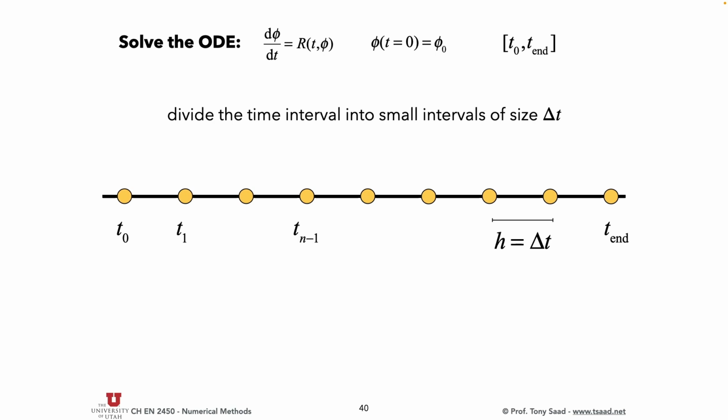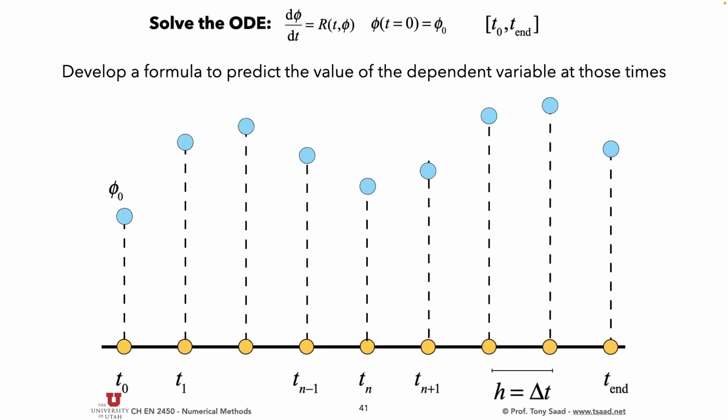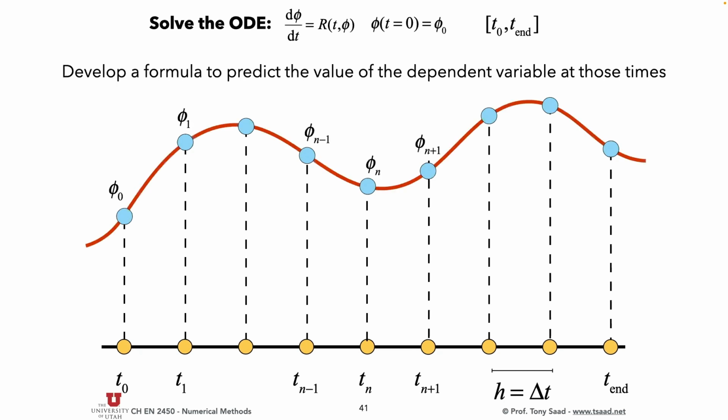Then we're going to develop a recurrence formula starting with phi 0. We're going to use the information from the ODE to estimate phi at time t1, and then use that to estimate the next point, and so on. So we're going to rebuild that vector.